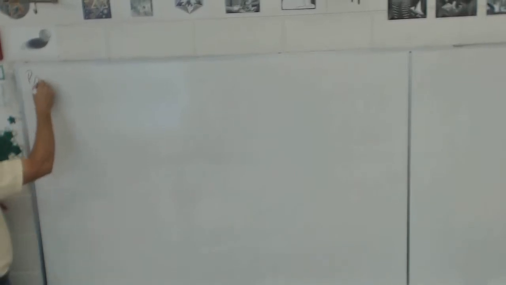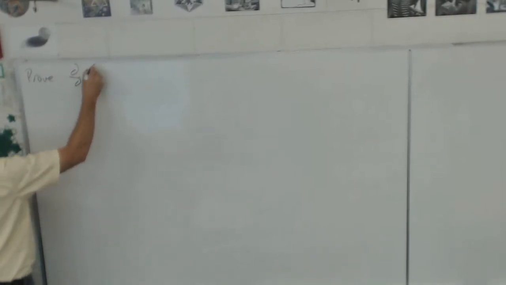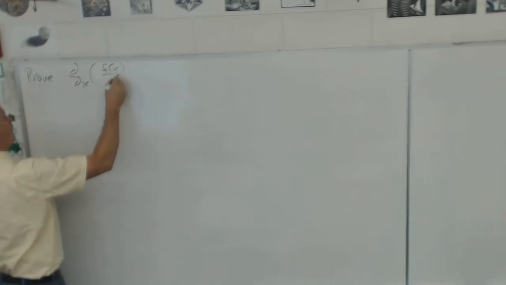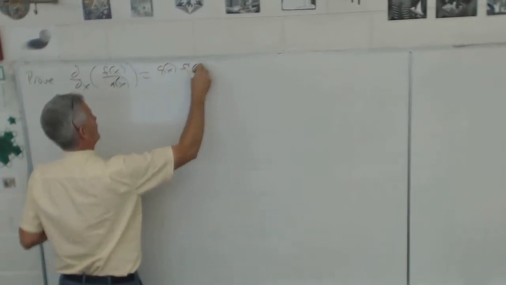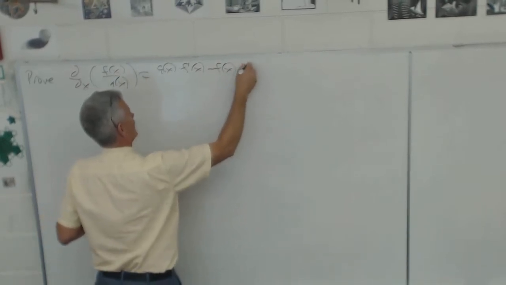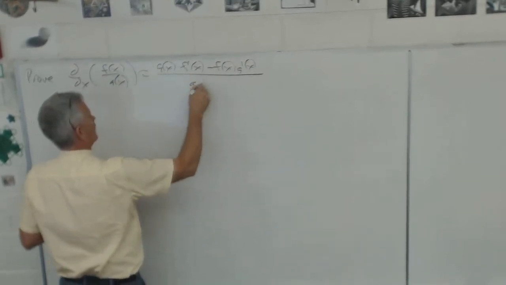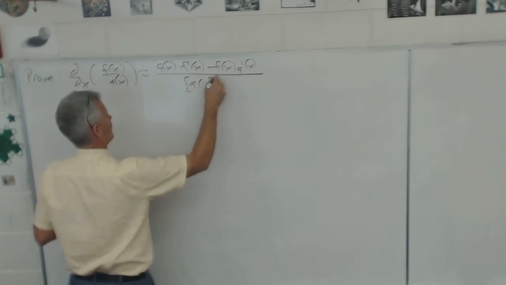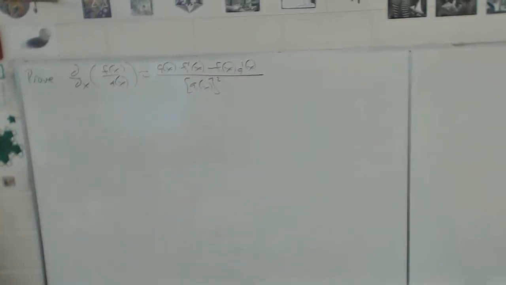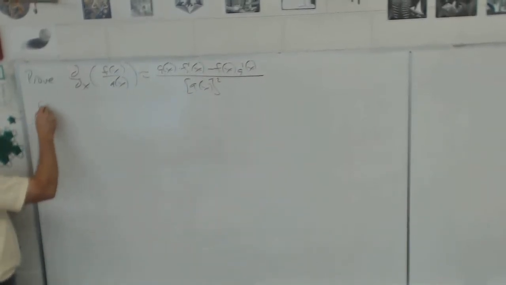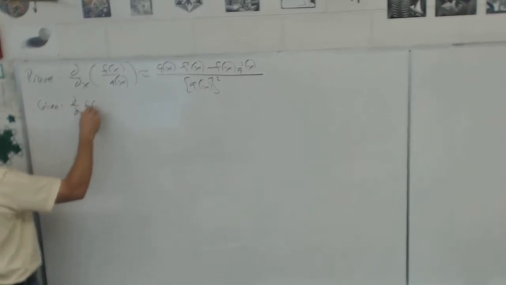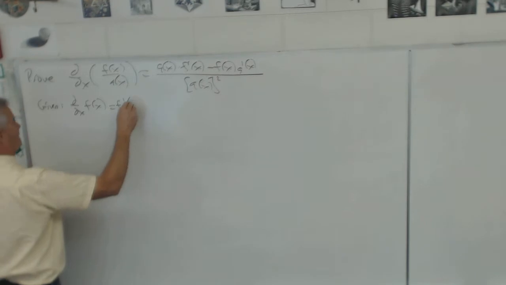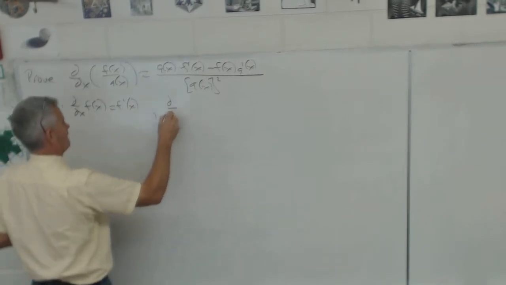Prove d dx of f of x over g of x is equal to g of x times f prime of x minus f of x times g prime of x all over g of x squared. Okay? And we're given that d dx of f of x equals f prime of x and d dx of g of x equals g prime of x.